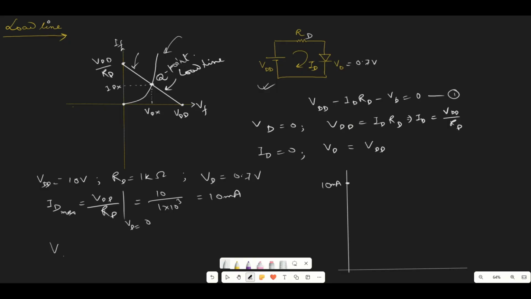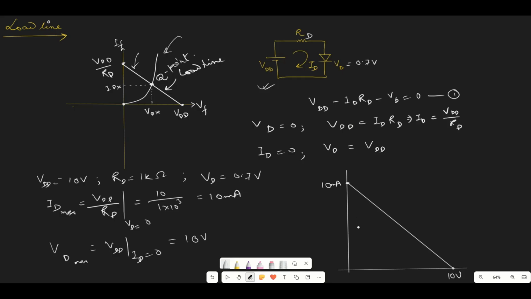The value of the voltage is given as VDD considering ID equals 0. So this is nothing but 10 volts. Let us consider using a proper scale, this value is somewhere around here. Now if we draw, this is our load line.